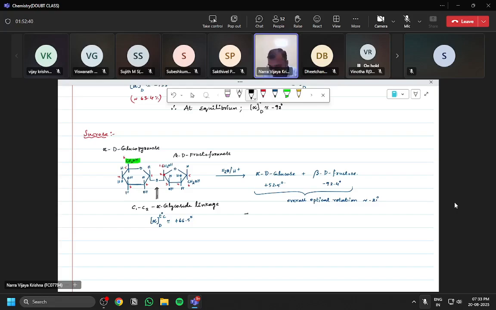This change in optical rotation is called inversion, right? This change in optical rotation is called inversion of cane sugar.